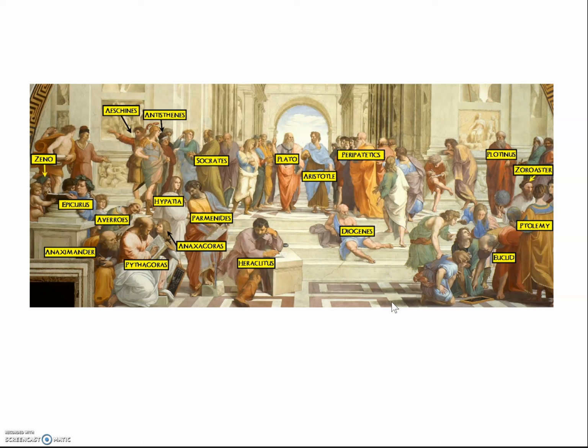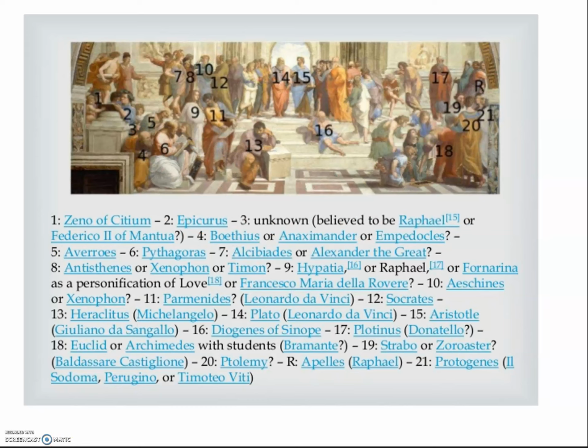A few of these are thought to be Raphael, whether it's this one over here might be Raphael. Yeah, but it's interesting how he played with the different characters and his peers. So it's a fun piece by Raphael.